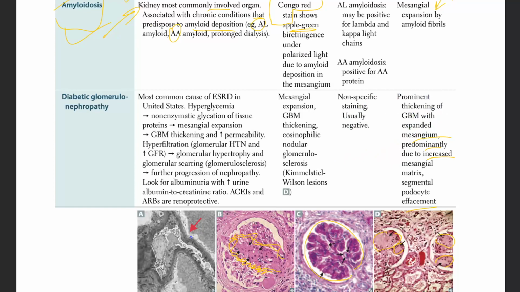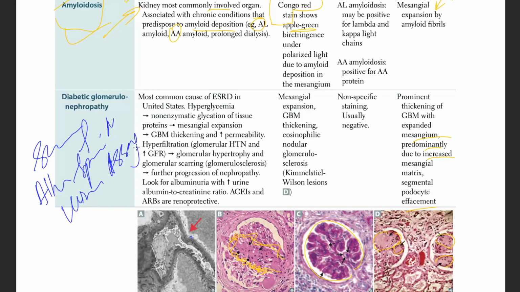Other than that, now let's talk about screening. How do we screen for diabetic nephropathy, right? It is done by an albumin-specific urine assay. So what is the thing you got to do? Albumin-specific urine assay. Okay, this is going to check the levels.